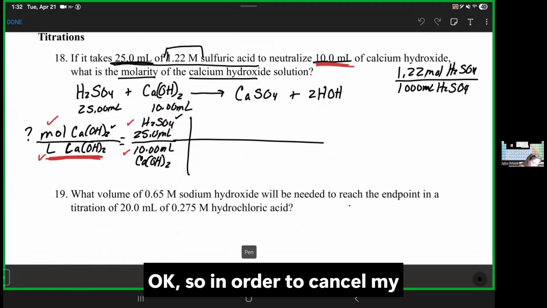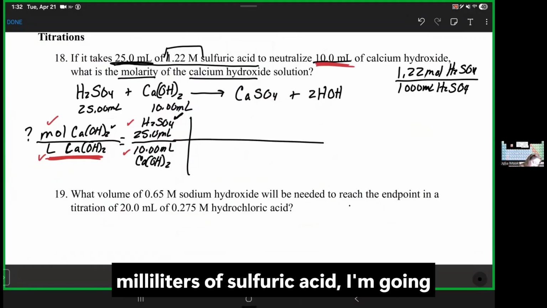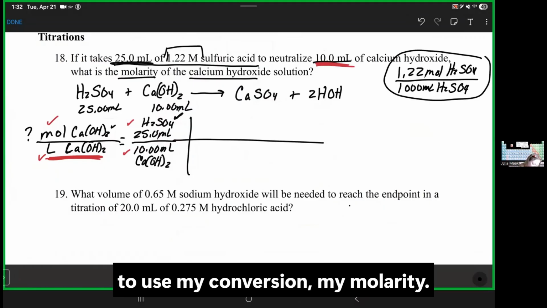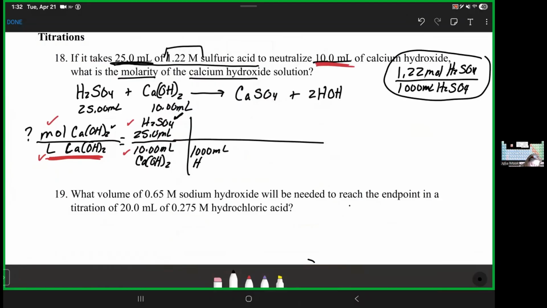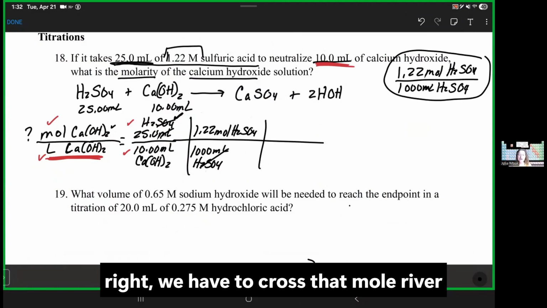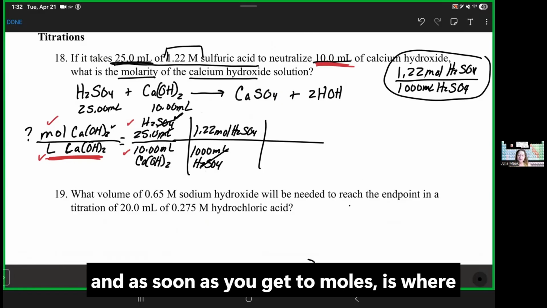Okay, so in order to cancel my milliliters of sulfuric acid, I'm going to use my conversion, my molarity. So because it's two different chemicals, right, we have to cross that mole river. And as soon as you get to moles, it's where you cross the river.